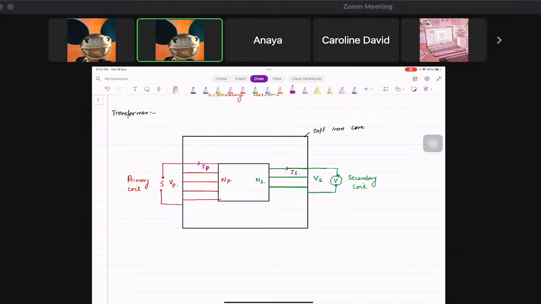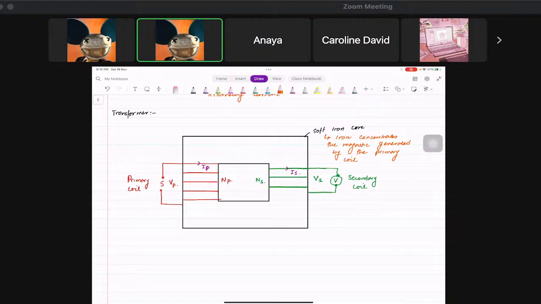Now let me just label a few other things. The use of the iron core is that iron concentrates the magnetic field generated by the primary coil. That's the function of iron, that's what we do as a core.